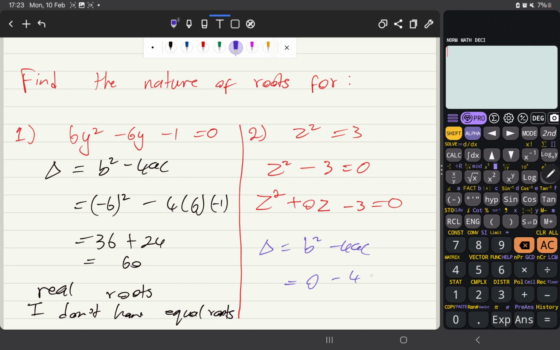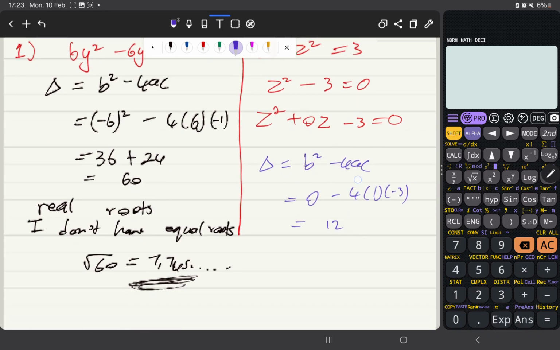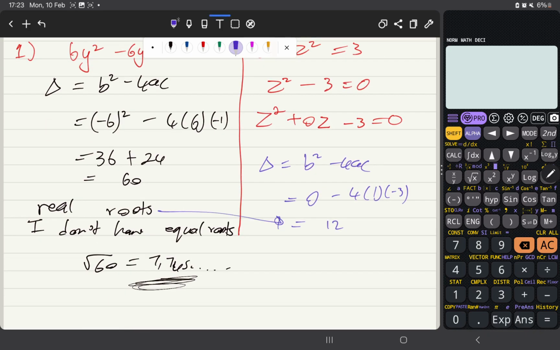So 0 minus 4, a which is 1, c which is minus 3, and here I have 12. So the same thing goes, I have real roots, right? And I put the square root. I'm sure I'm going to get some irrational number, probably.